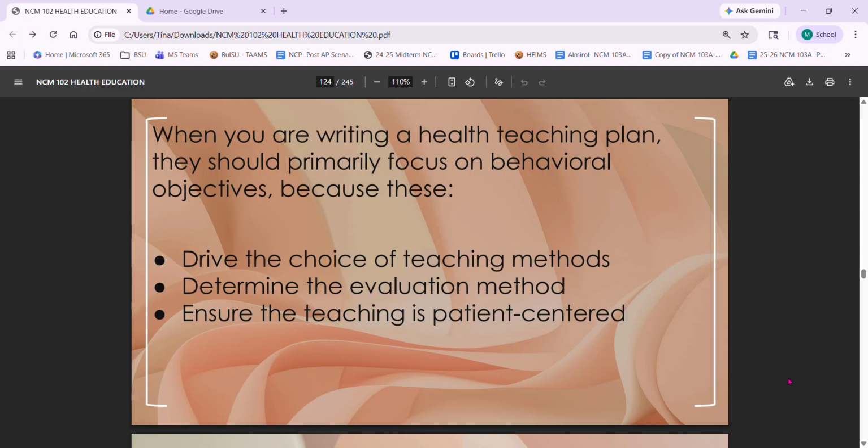So, when you are writing a health teaching plan, they should primarily focus, tandaan, on behavioral objective. Okay? Kasi nga, it drive the choice of teaching method, ano yung evaluation method na gagawin mo, and it ensure that the teaching is patient-centered. Alright?